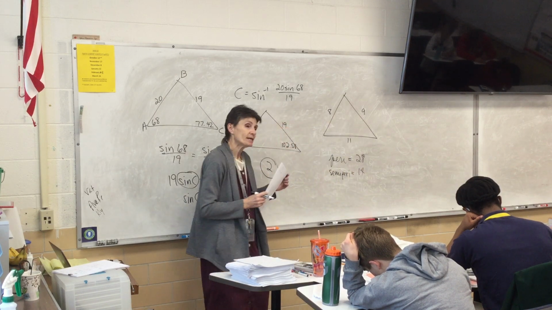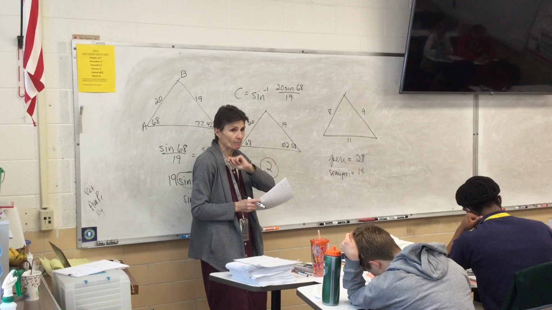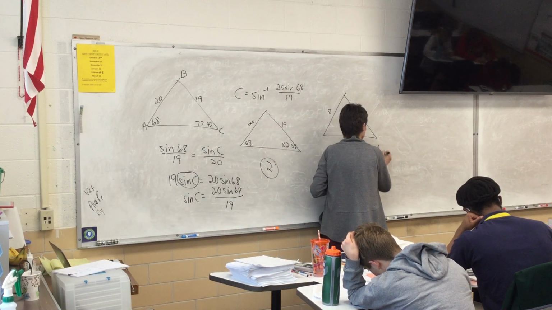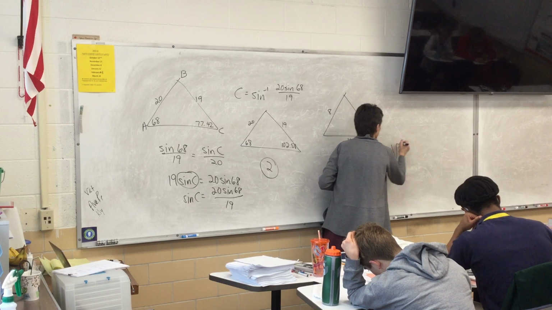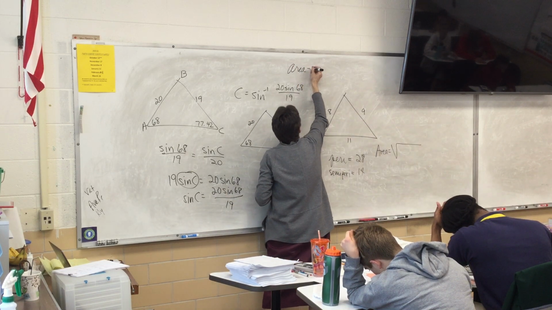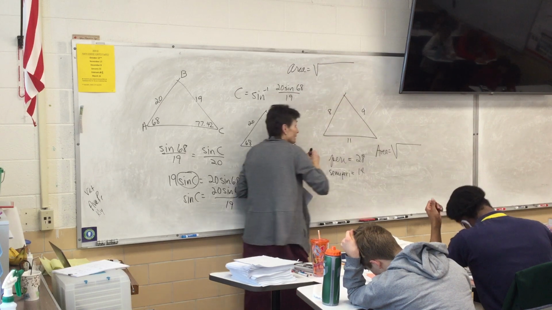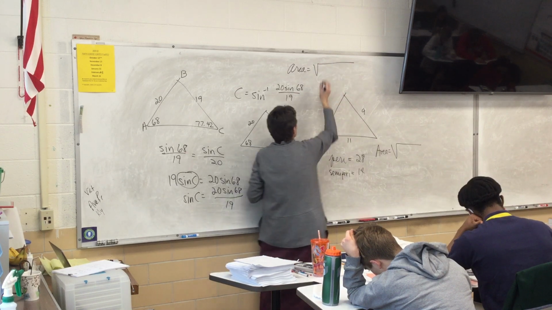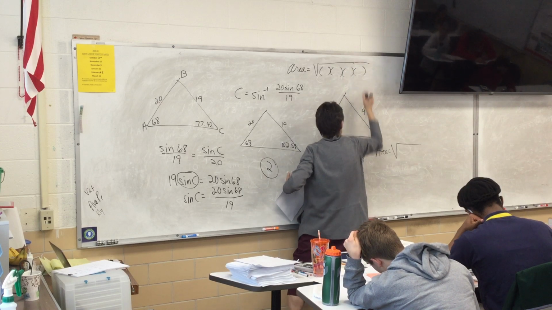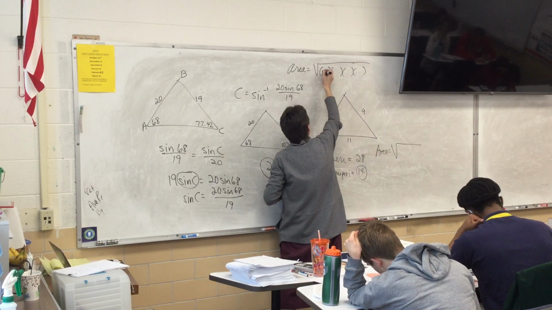And when you do Hero's formula, that's the number you use, 14. So the area is going to be a radical, and under the radical are four numbers. The first one is 14.